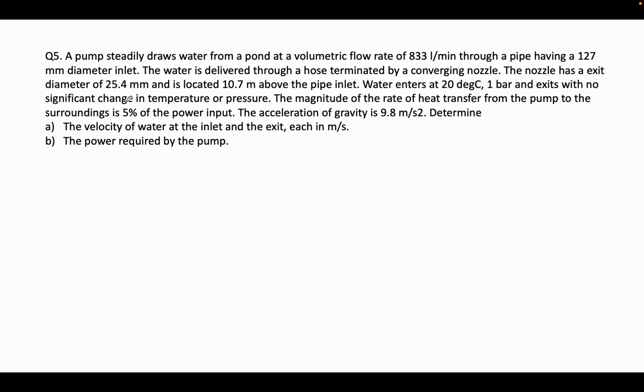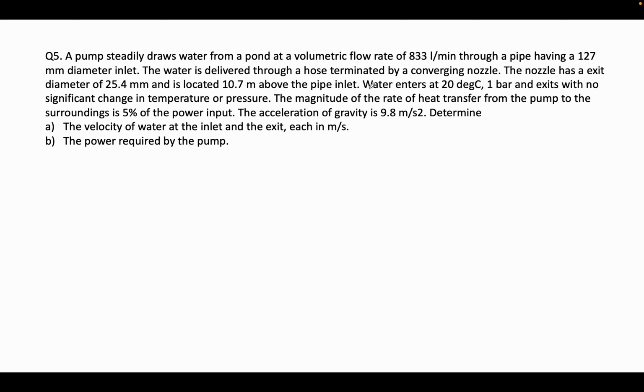The nozzle has an exit diameter of 25.4 millimeter and it is located 10.7 meter above the pipe inlet. Water enters at 20 degrees Celsius, 1 bar and exits with no significant change in temperature or pressure. The magnitude of the rate of heat transfer from the pump to the surroundings is 5% of the power input. The acceleration of gravity is 9.8 meter per second square. You have to determine the velocity of the water at the inlet and the exit, and the power required by the pump.